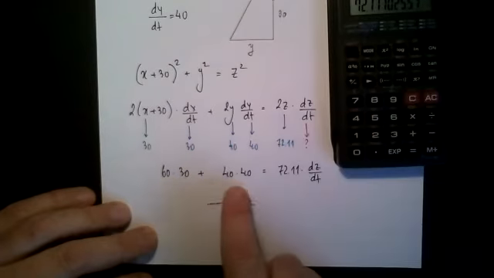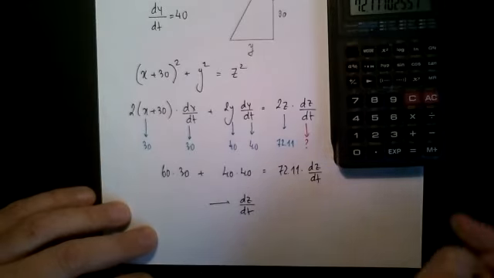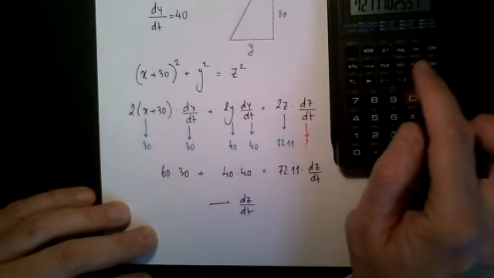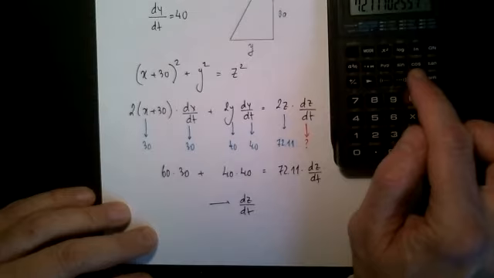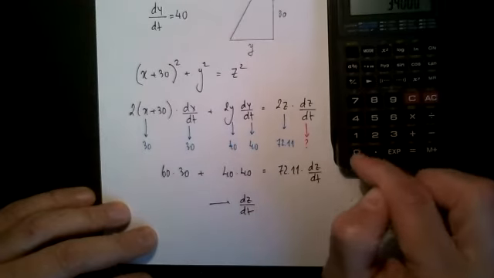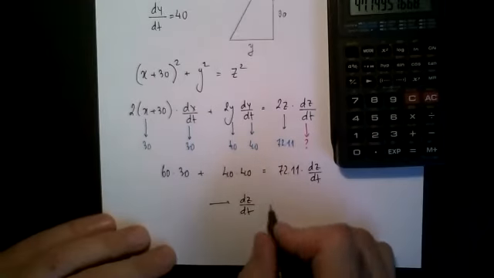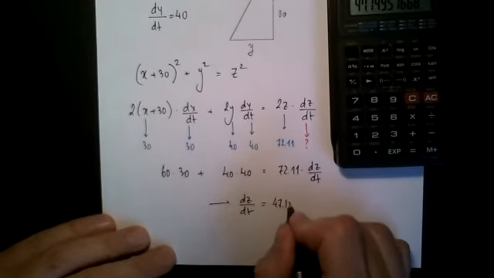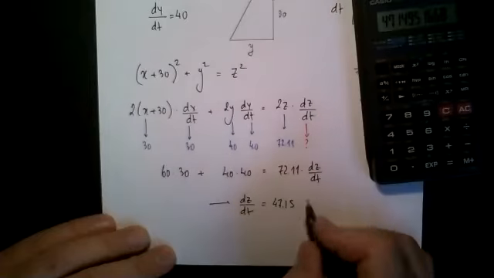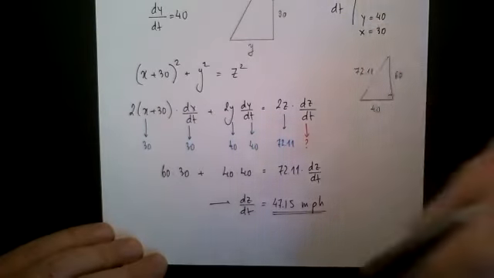So this is 1800 plus 1600. So it's 3400. So there you go, 47.15 miles per hour. Okay, which is the correct answer.